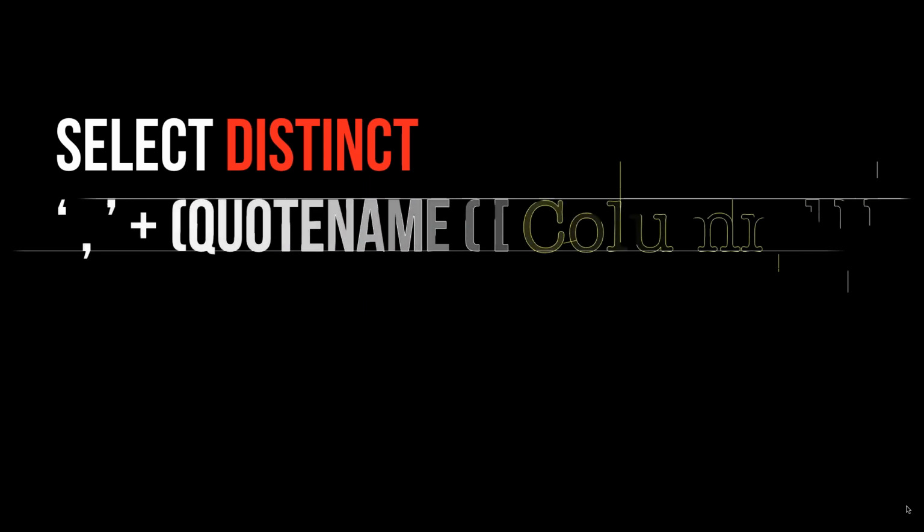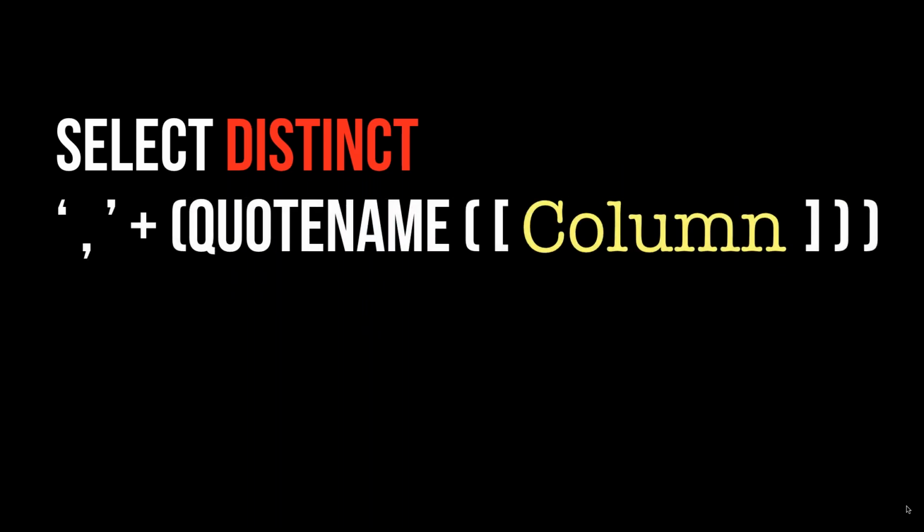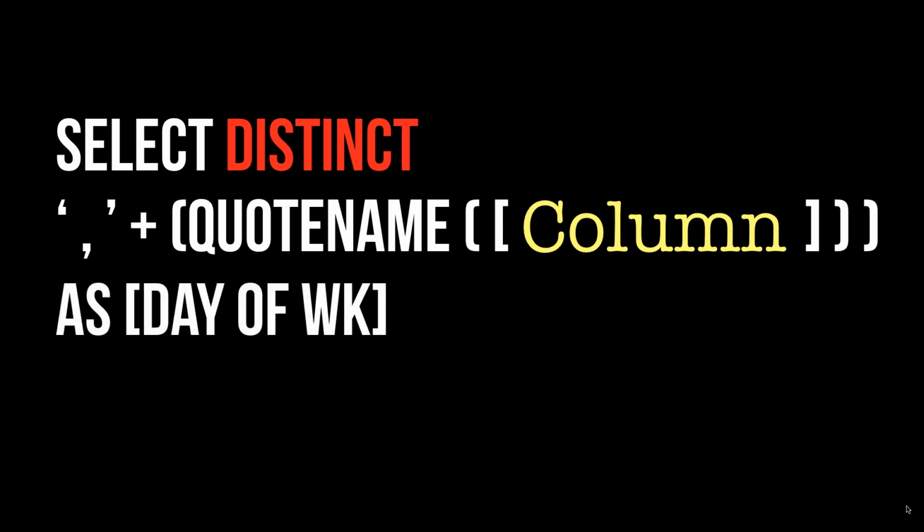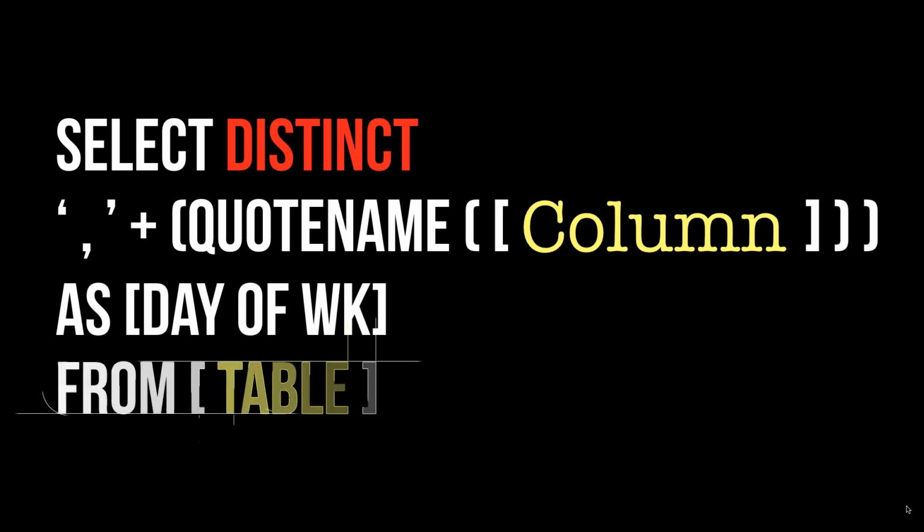Well, we only have 7 days, so we're going to do select. And the next part is the comma. You can see there we have the quotation for the comma plus quote name, and it's a little hard to see, but the parentheses right before the Q, and then we have the column as the day of the week. I'm just calling that the column itself from the table that I'm pulling from.